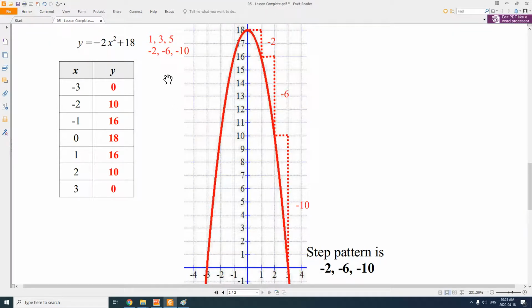So you can get the step pattern just by starting with your basic one and multiplying by the a value. In this case, the step pattern is -2, -6, -10. Yep, it matches up with the graph.